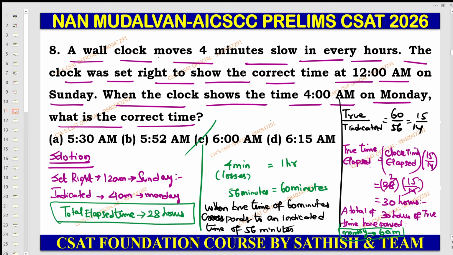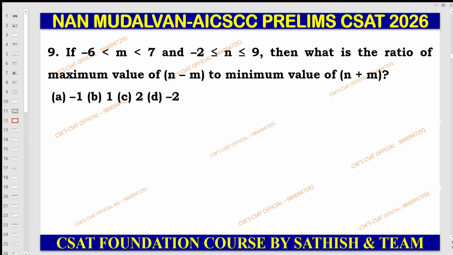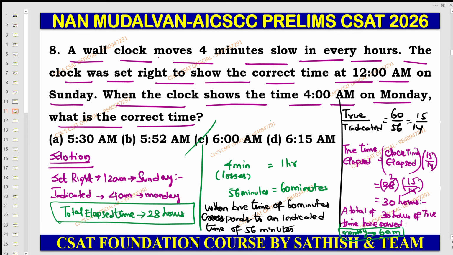Understood, everyone? So here only the people make a mistake, right? So read the question carefully and try to answer Monday. Alternatively, you can also do it another way. Did you guys understand this one? Those who answered as 5:52, now able to answer.